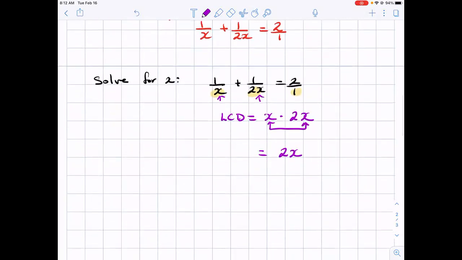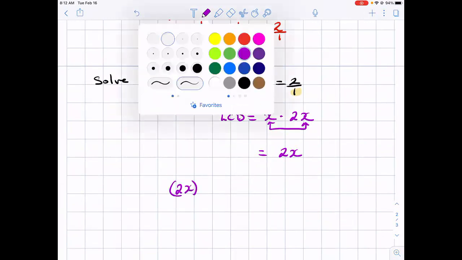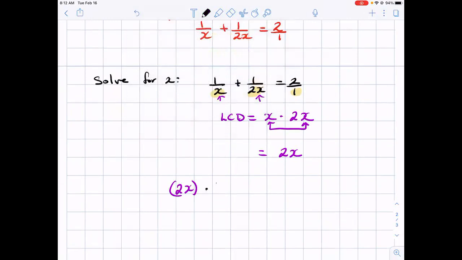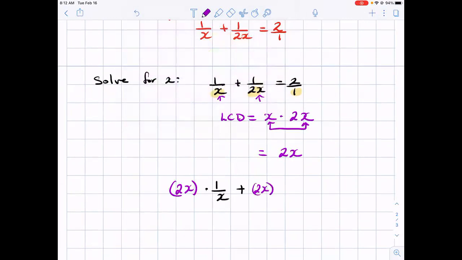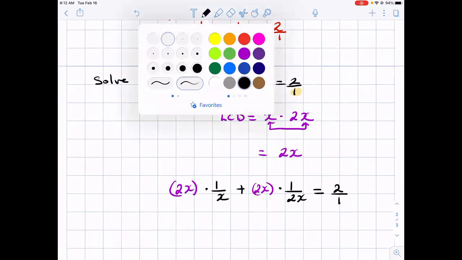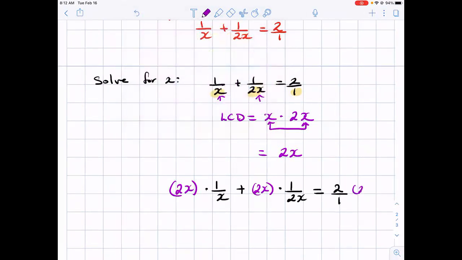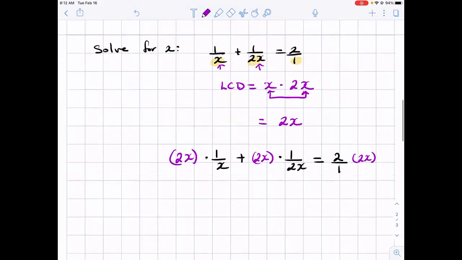So we now multiply each term by 2x. So 2x times 1 over x plus 2x times 1 over 2x is equal to 2x times 2.